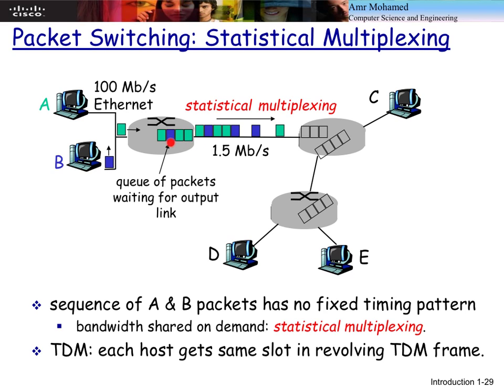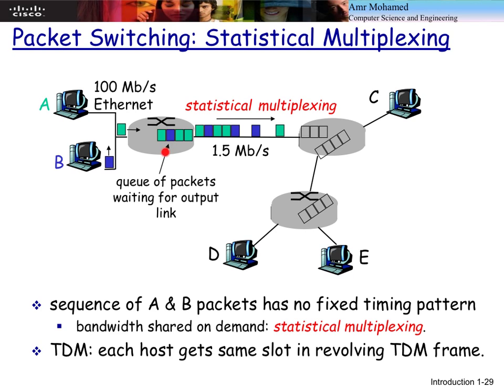And as you can see, this interleaving might be uneven, because here, clearly, A has more data than B. You have 3 packets from A and 1 packet from B, which indicates implicitly that A has more data than B. And that's the good thing about packet switching.